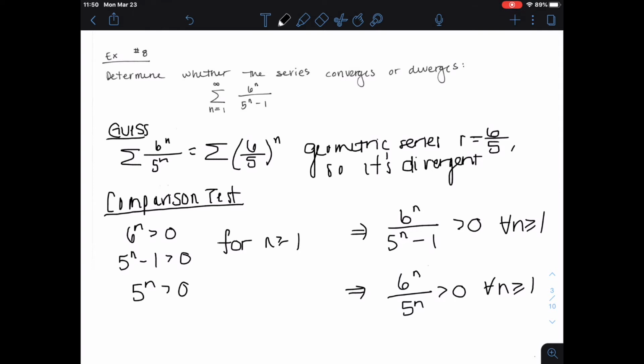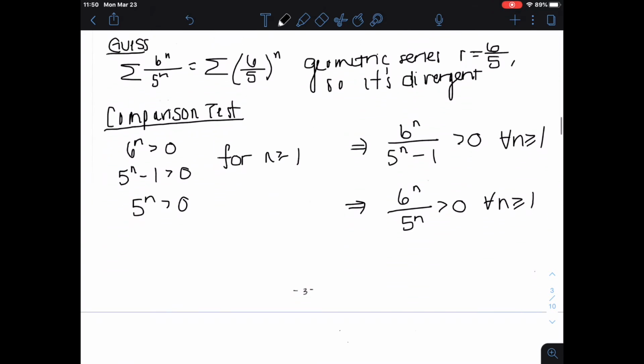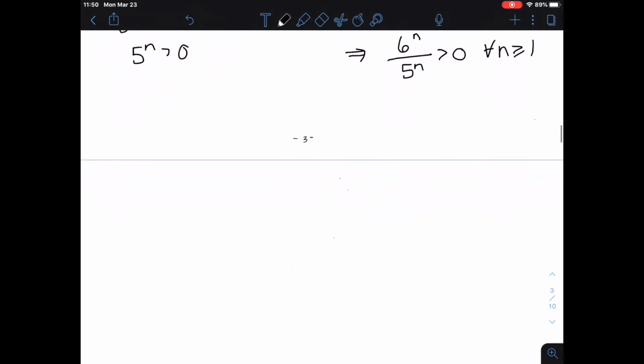So the terms in both the series are positive, so we can go ahead and now make the comparison between the two. So if we look at 5 to the n minus 1 and 5 to the n, the inequality sign is going to go towards 5 to the n, so this is true for all n greater than or equal to 1.